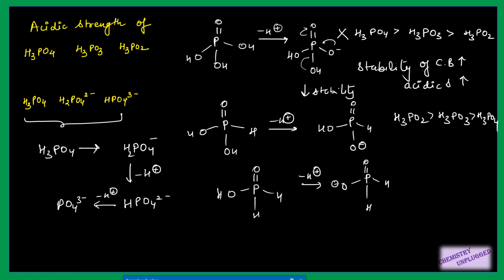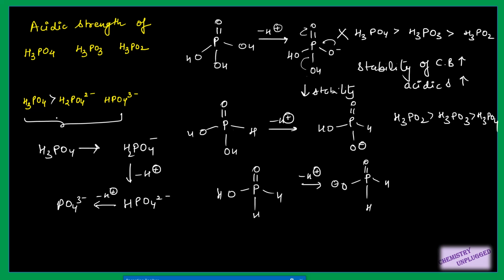When you are removing a proton from H2PO4 minus, there is a negative charge which binds the proton, right? So release of the proton is not easy in that case. So in that case, the pK value is higher than this one. Higher means its acidic strength will be lower.